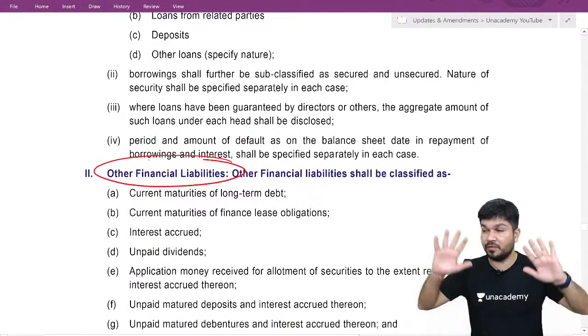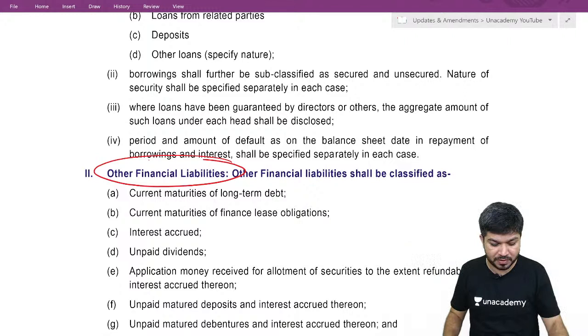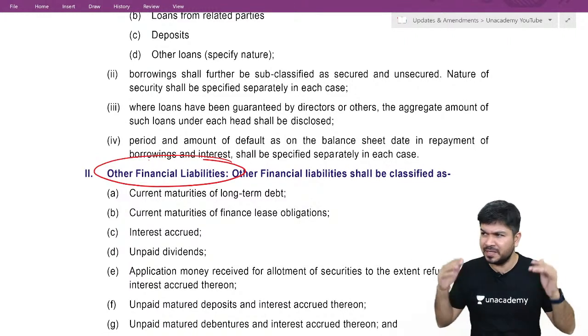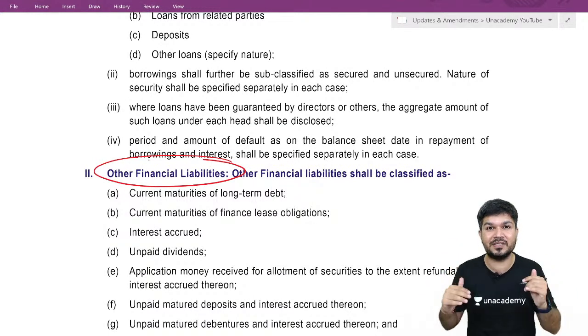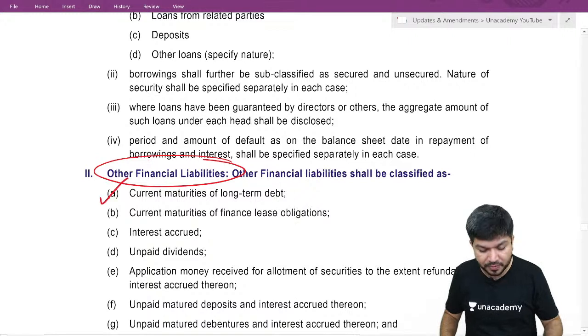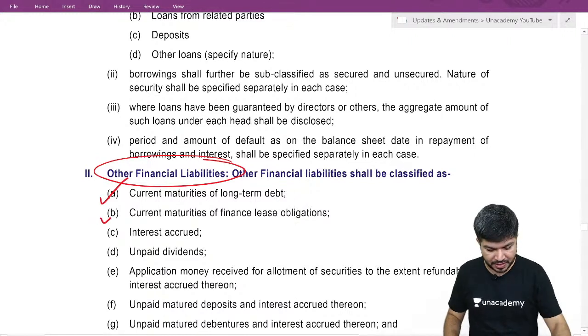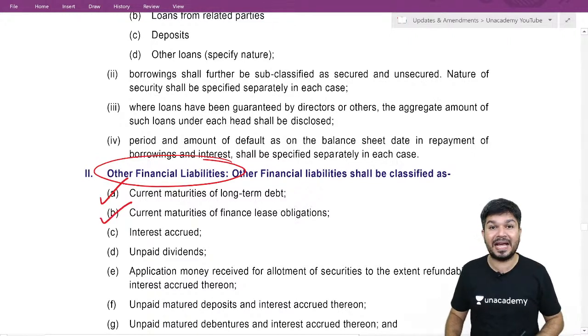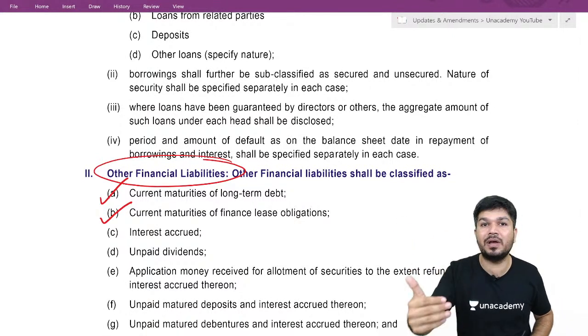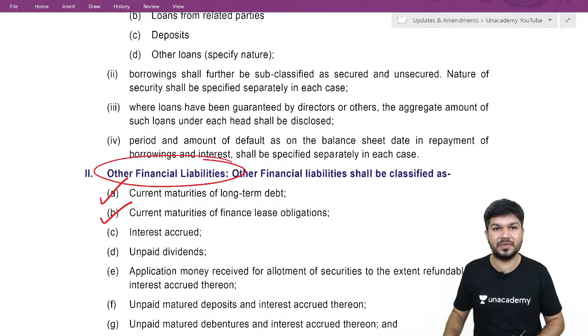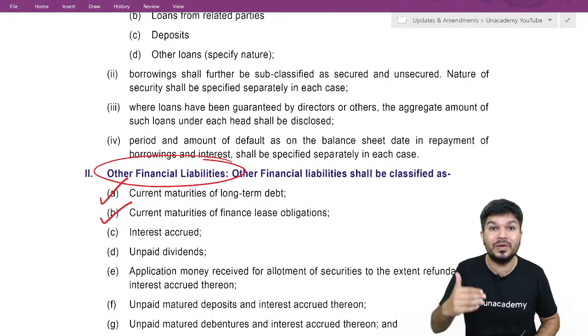It will come under current liability, financial liability, under that, other financial liability. Current maturity of long-term debt. Same way, current maturity of finance lease obligation. Finance lease में lease rental payable within 12 months will come over here.